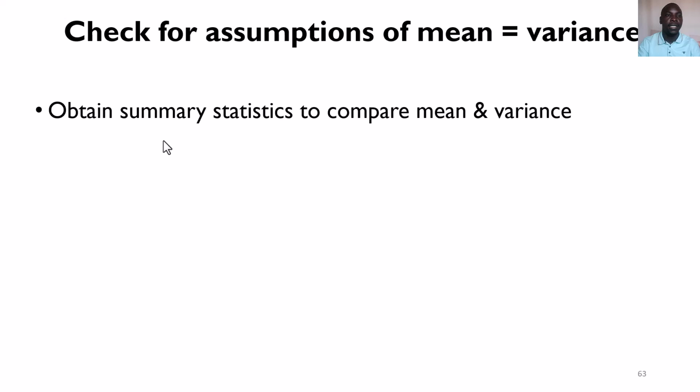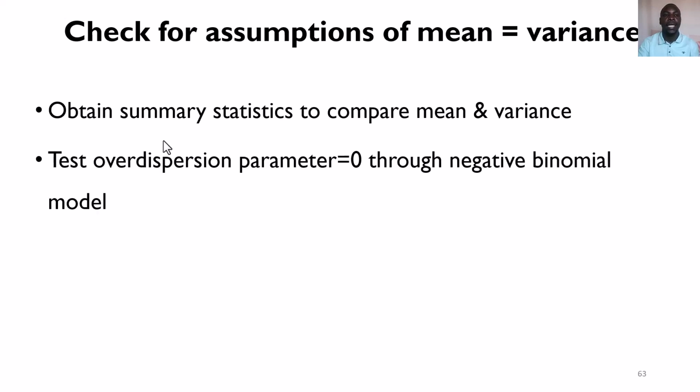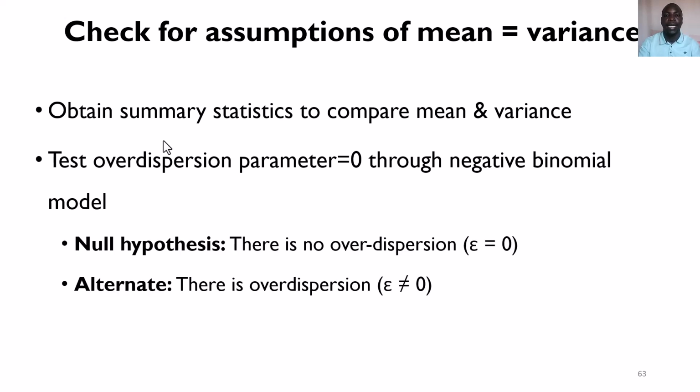So to test for this assumption, we can crudely obtain the summary statistics to compare the mean and variance, or we can test the overdispersion parameter, which comes together with the output of a negative binomial regression, as we shall see shortly. This overdispersion parameter is basically testing the assumption that there is no overdispersion, whereas the alternative is that there is overdispersion.